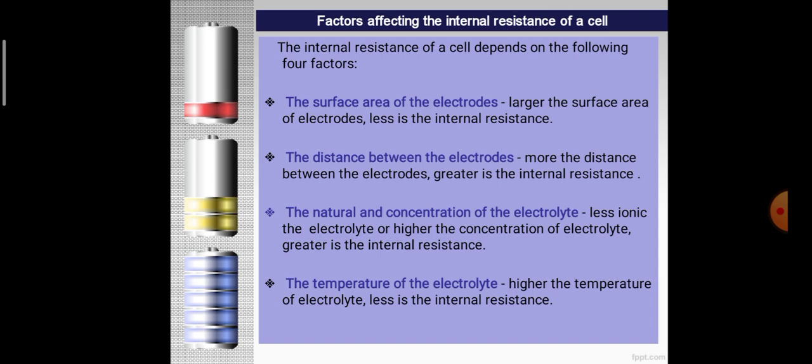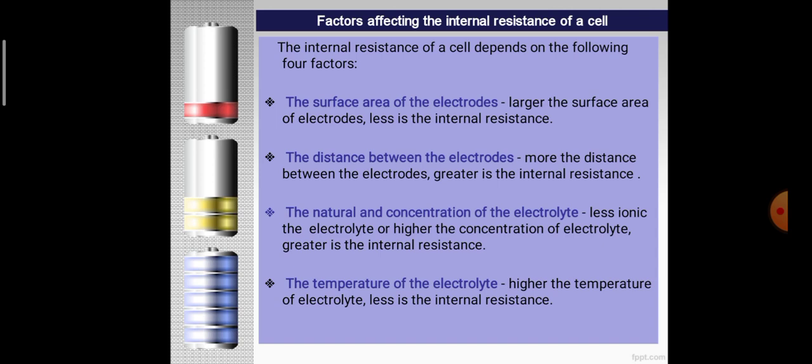The nature and concentration of the electrolyte. Less ions in the electrolyte, or higher the concentration of electrolyte, greater is the internal resistance. And finally, the temperature of the electrolyte. Higher the temperature of electrolyte, less is the internal resistance.